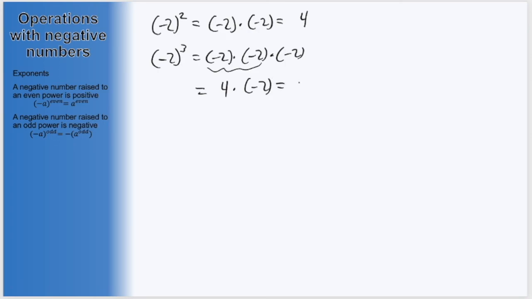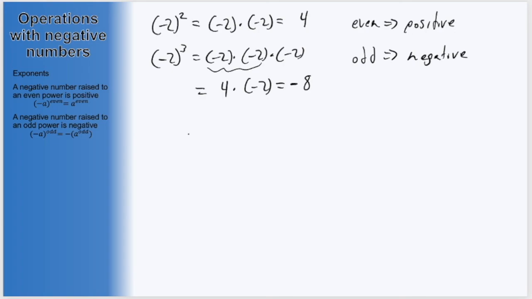Taking 4 times 2 will give us 8, but we have opposite signs, a positive times a negative here, so we should end up with an overall negative sign. If we kept going like this, we would see that a pattern emerges. Taking a negative number and multiplying it by itself an even number of times will give a positive result. Meanwhile, doing it an odd amount of times will give a negative result.